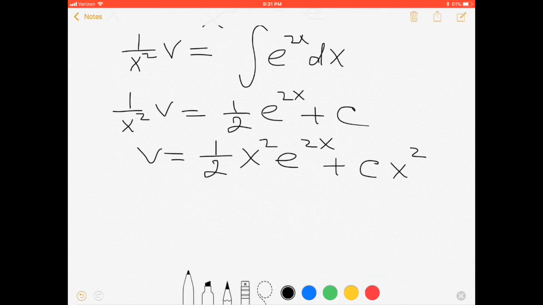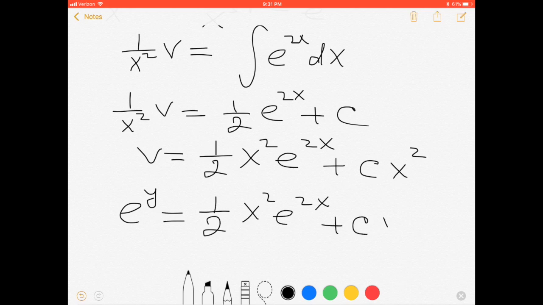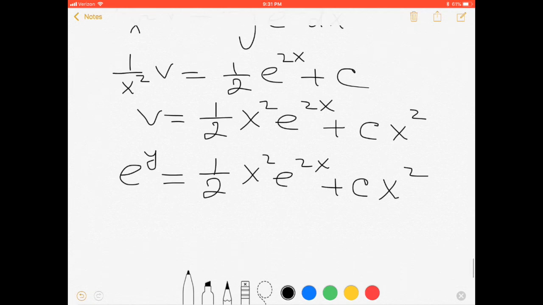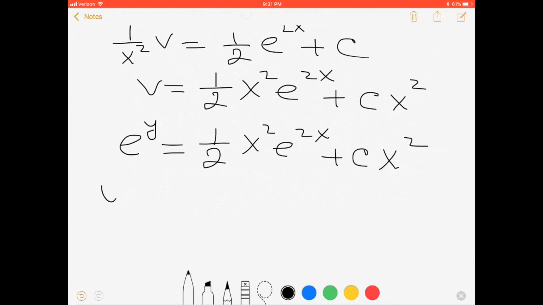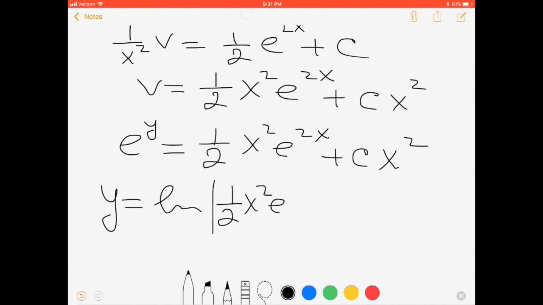Remember what v is? This means e to the power y equals 1 half x squared e to the 2x plus c x squared. You can stop now, or you can rewrite y as natural log of 1 half x squared e to the 2x plus c x squared. Okay, that's it.